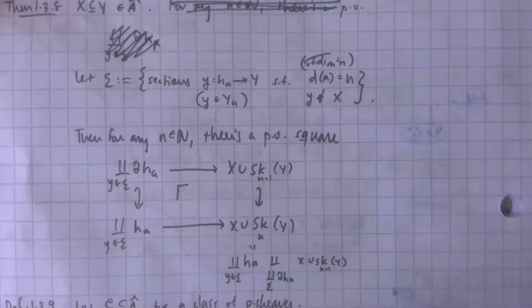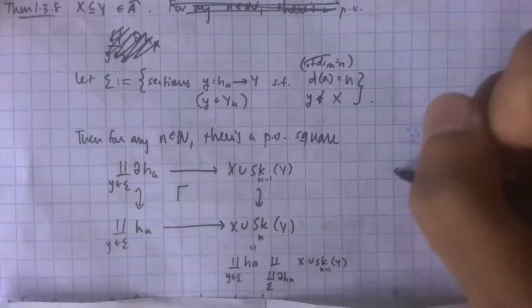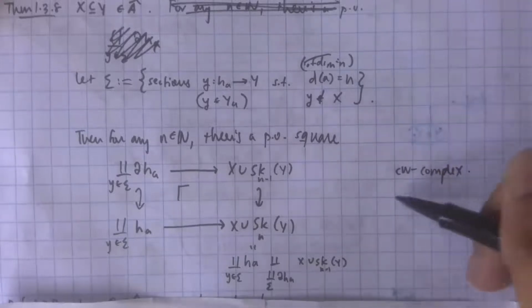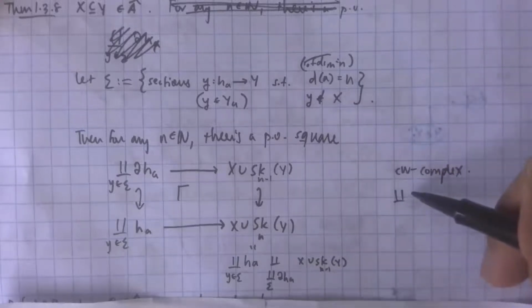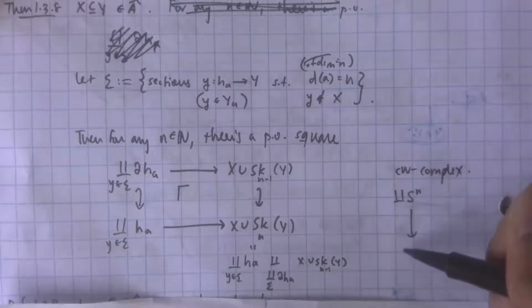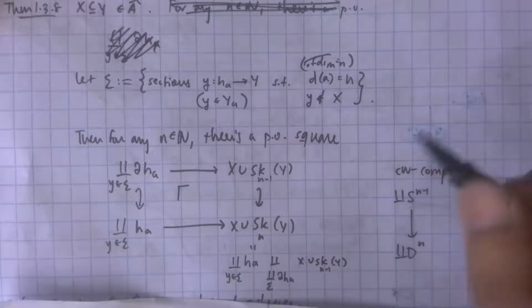And this should remind you of how you construct a CW complex. In algebraic topology, you construct CW complexes by gluing S and, I always get confused with the dimension of these guys. This is S^(n-1), I think this should be D^n, but maybe backwards.